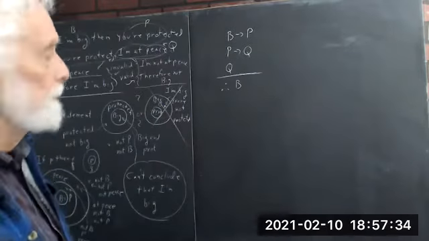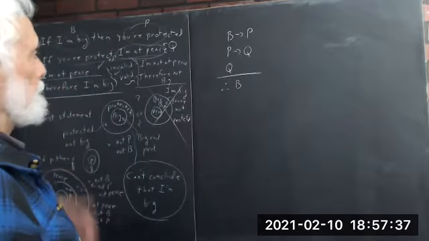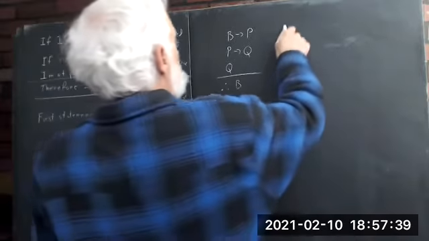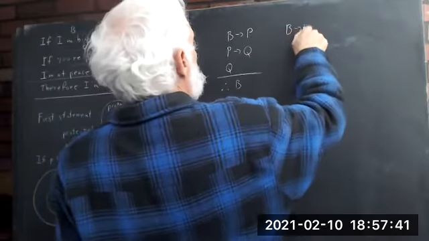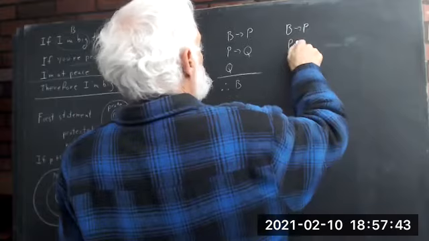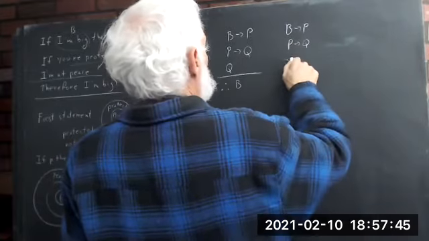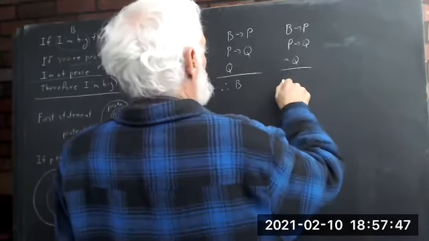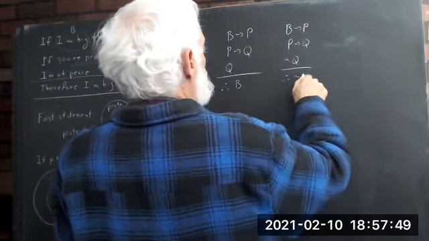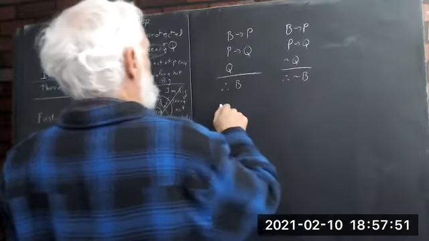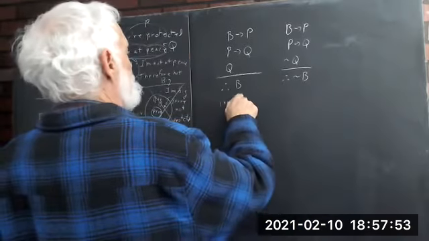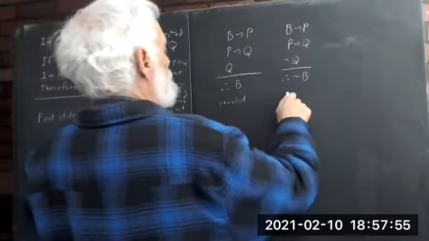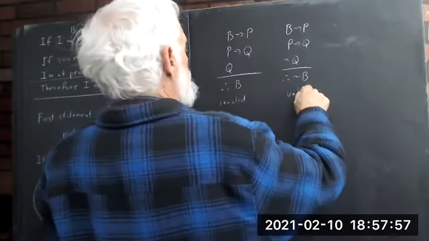That's one argument. Okay, that's this argument. The other would be, okay, this is invalid. This is valid.